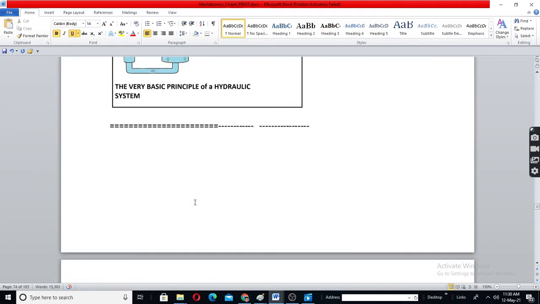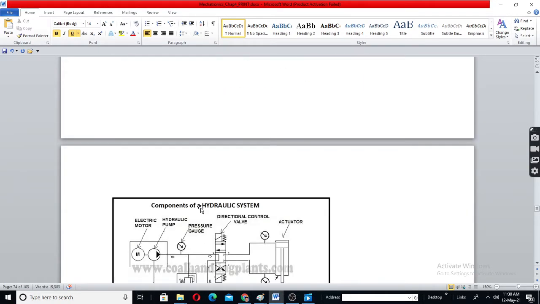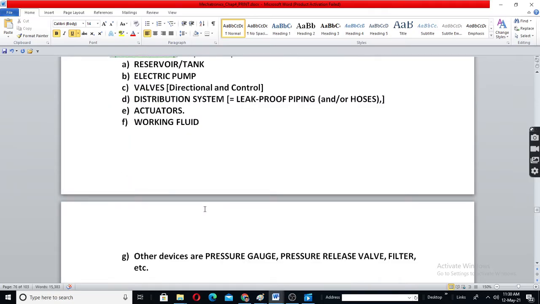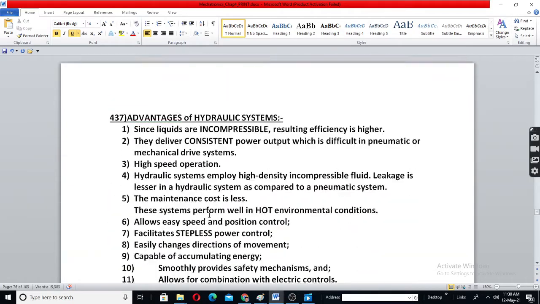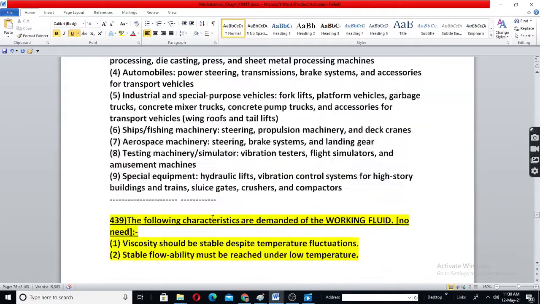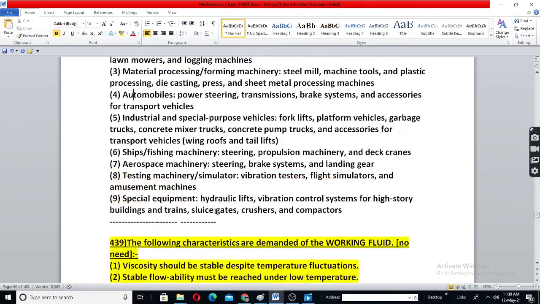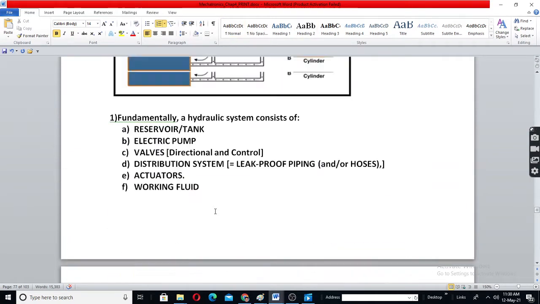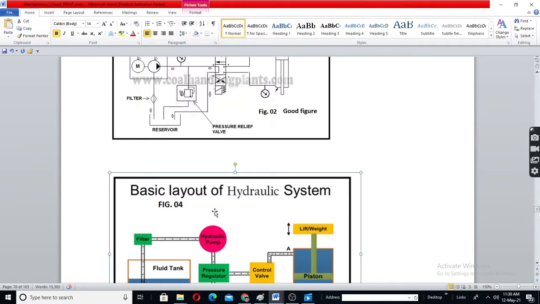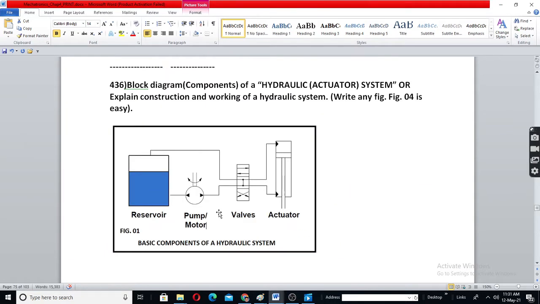Okay, this cylinder is there here, we will see later. Now basic layout of a hydraulic system.